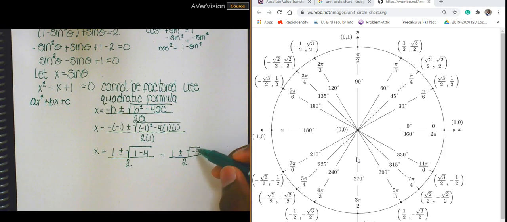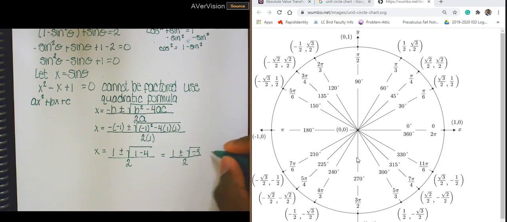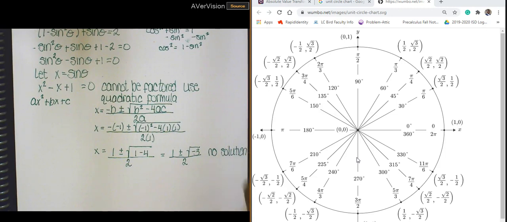We can't take the square root of a negative number. So this one has no solution. No real solution.